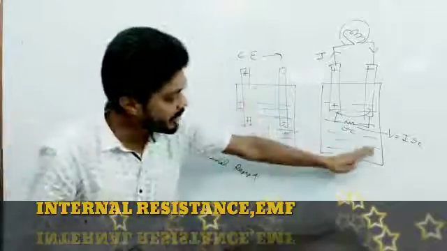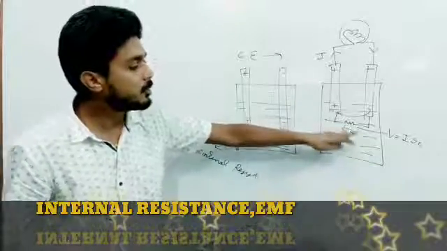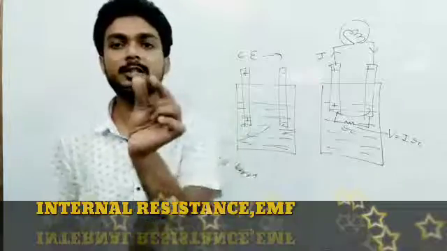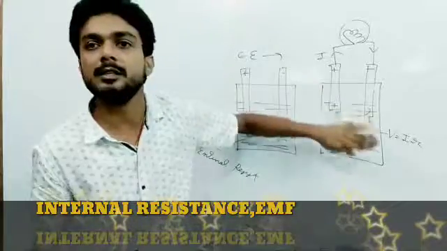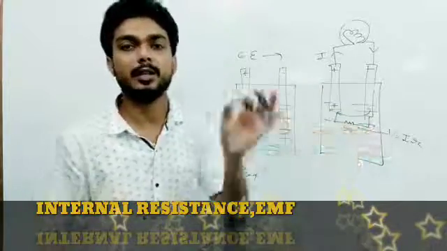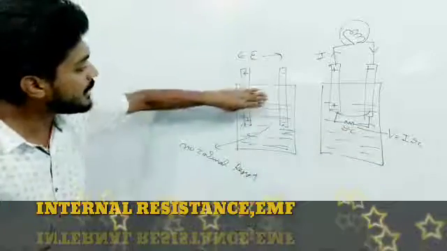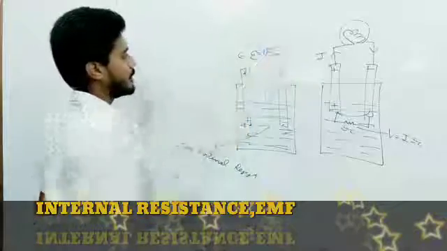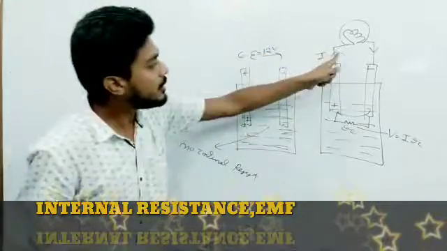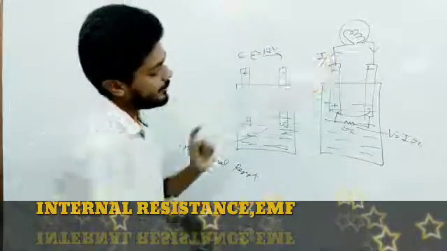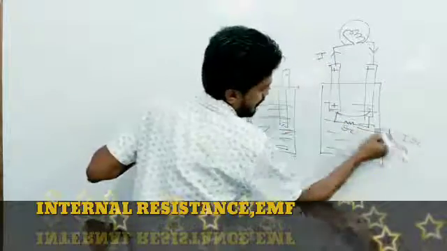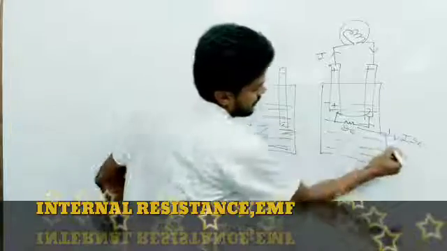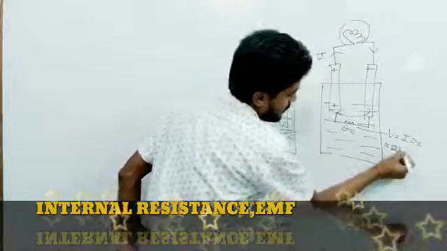But in the second circuit, you can see there is a drop of potential, and some amount of potential drop will take place inside the cell. For example, suppose the EMF of the cell is 12 volt, and when you draw some current, due to this current the internal resistance drops a voltage of 2 volt.